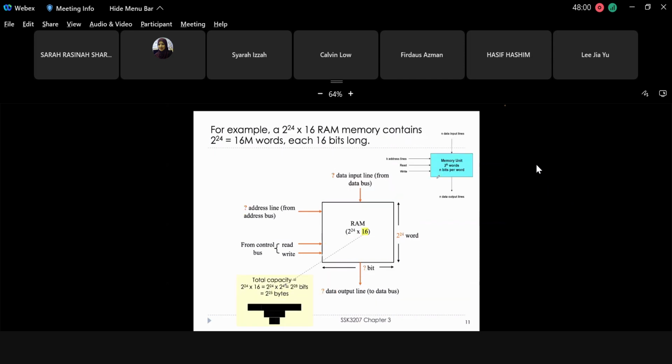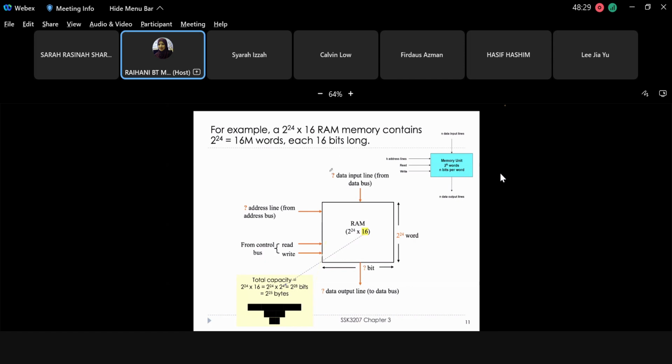Okay, let's continue and see how you can calculate the capacity of the memory. For example, we have a 2 to the power of 24 times 16 RAM. The memory contains 2 to the power of 24, which is 16M words, and each word is 16 bits long.